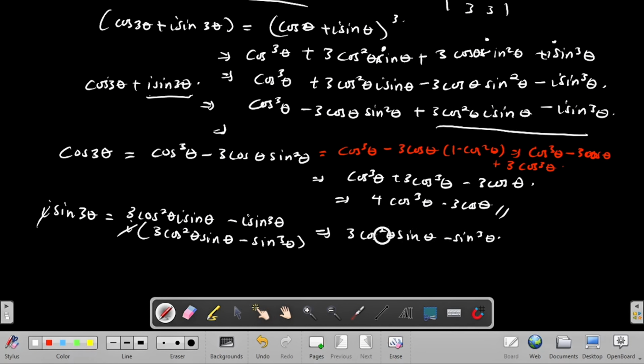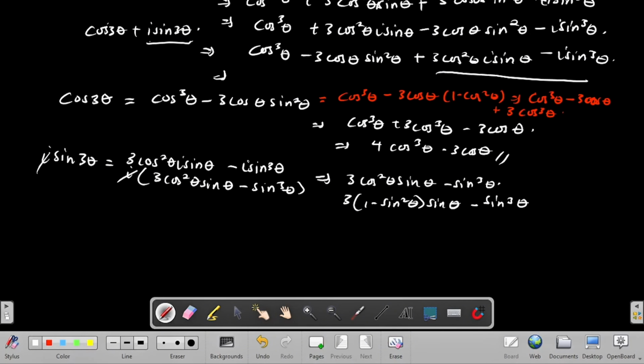At this point, this cos squared theta is the same as 1 minus sine squared theta, right? So 3 open bracket 1 minus sine squared theta multiplying sine theta minus sine cube theta. Once I have this written, I'll multiply. So I have 3 times 1 is 3 minus sine squared theta, which becomes 3 sine squared theta.